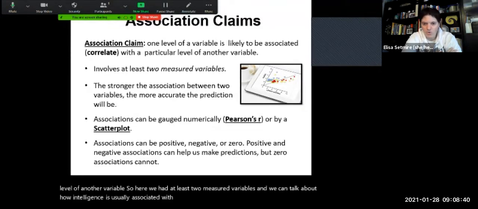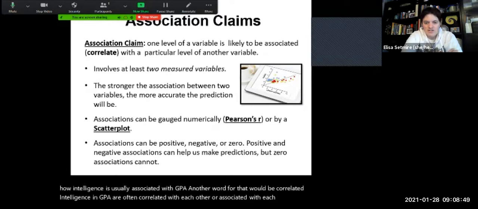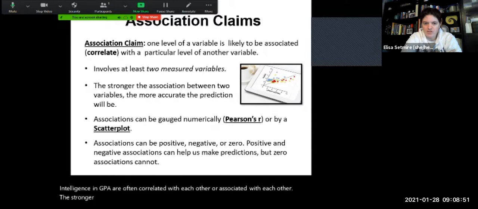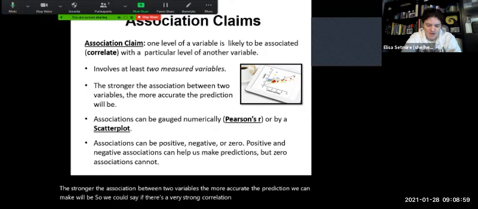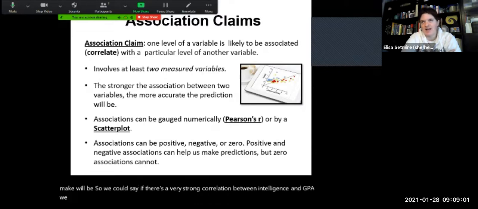Another word for that would be correlated. Intelligence and GPA are often correlated with each other. The stronger the association between 2 variables, the more accurate the prediction we can make will be. So if there's a very strong correlation between intelligence and GPA, we could predict that somebody who has a high GPA is likely to be intelligent.